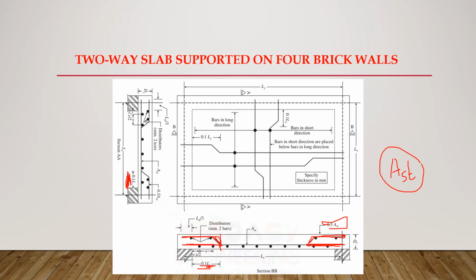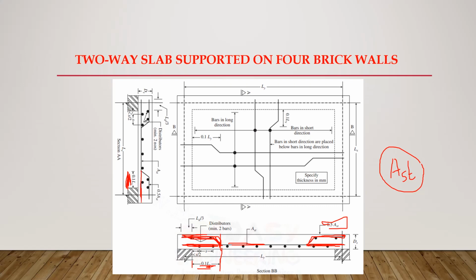This 50% bar is extended into the supports, this bottom bar, and the remaining 50% is taken to the top to resist the negative bending moment at the supports. And from which position or from which point is it taken to the top? After this bar reaches a distance of 0.1 Ly, then only it is cranked here and taken to the top. So similarly is the case in X direction.